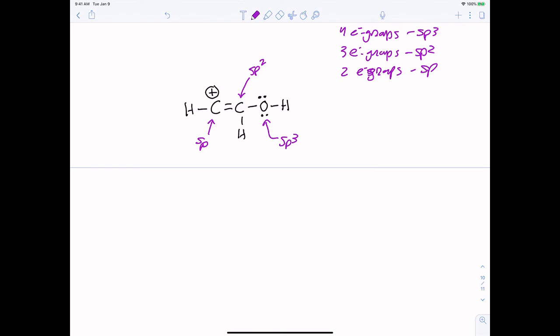Why is that? Hydrogens only have s orbitals. Hybridized orbitals are combinations of orbitals and there's nothing to combine it with. All I have is an s orbital. So hydrogen cannot be hybridized for that reason, and you can just always ignore those when doing hybridization.